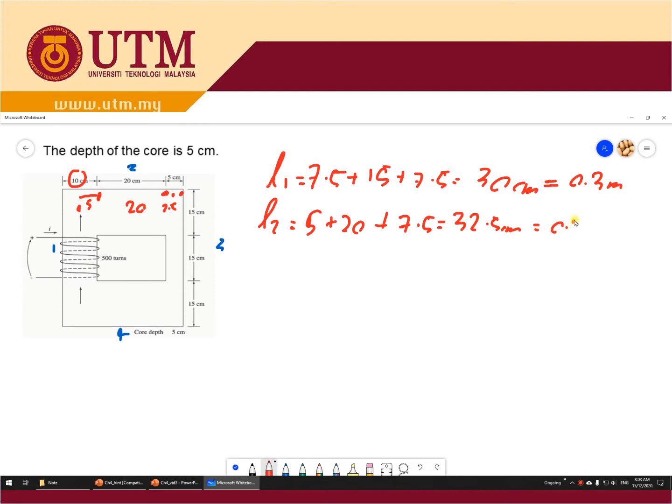Again convert it to 0.325 meter. Make sure you know how to convert this.